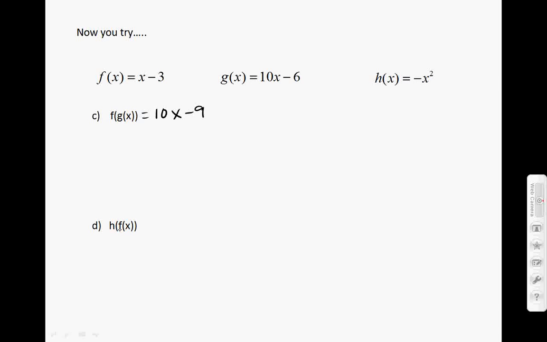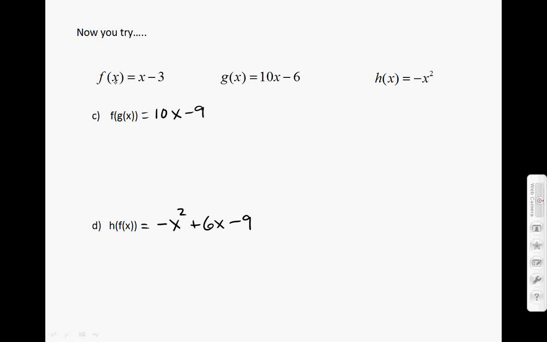If you evaluated h of f of x correctly, you should have gotten negative x squared plus 6x minus 9. If you got these two composite functions, congratulations. If not, keep watching, and I want you to see if you can identify where your mistake was.